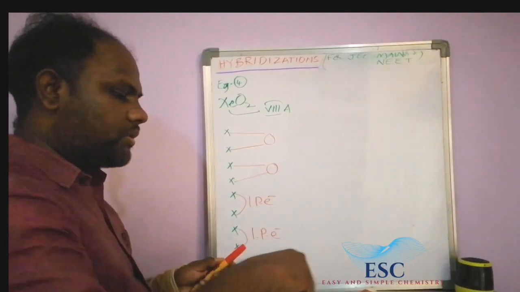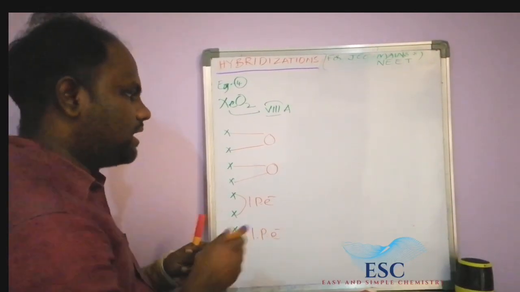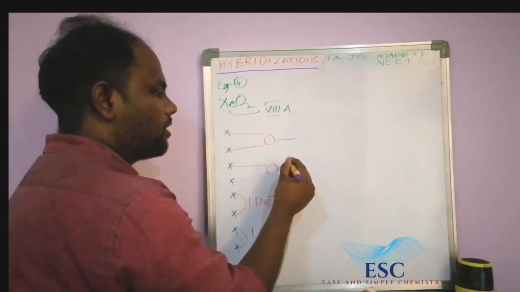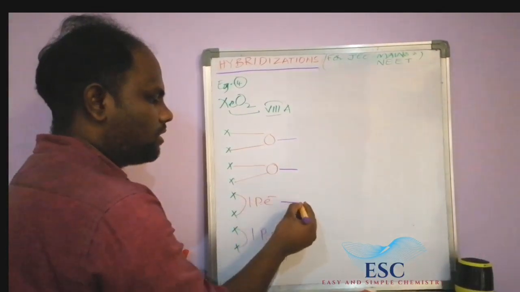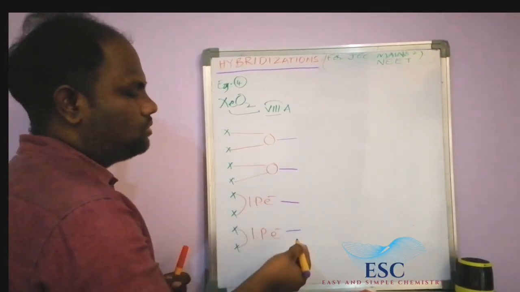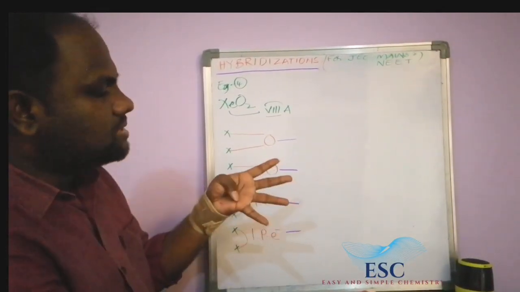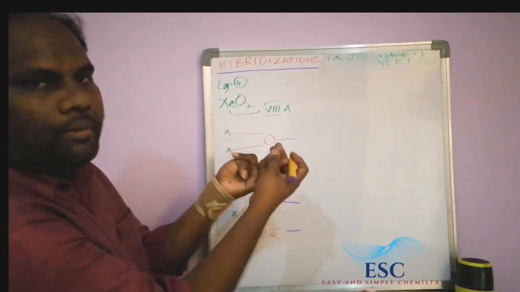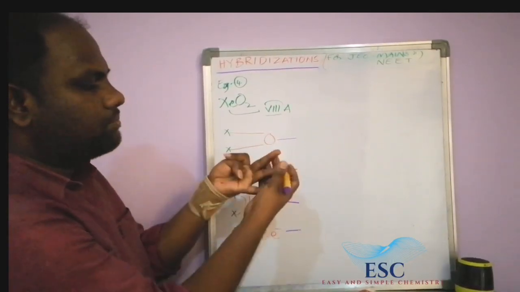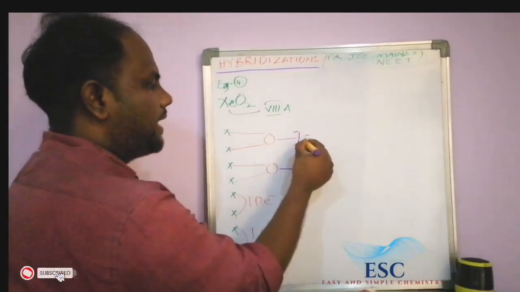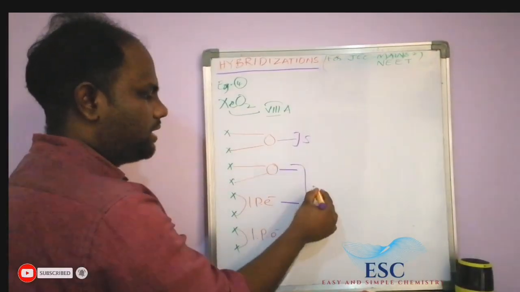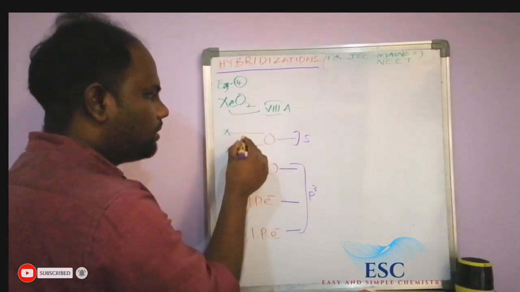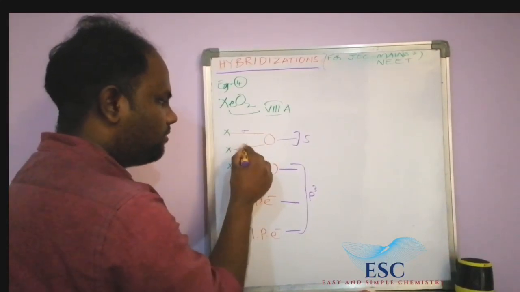Now count the number of oxygens and the number of lone pairs of electrons. Number of oxygens is 2, and number of lone pairs of electrons is 2. So 4 means s orbital and p orbitals: sp3 hybridization. A double bond means 1 sigma bond and 1 pi bond.